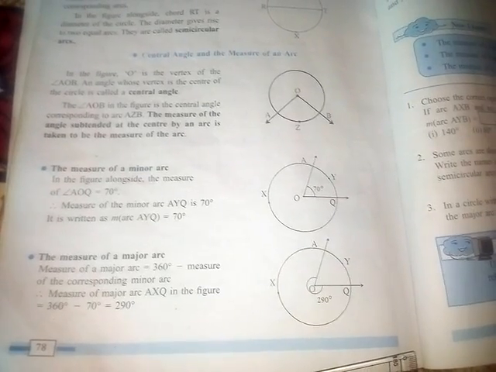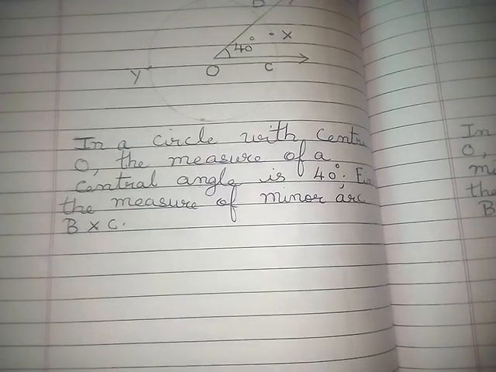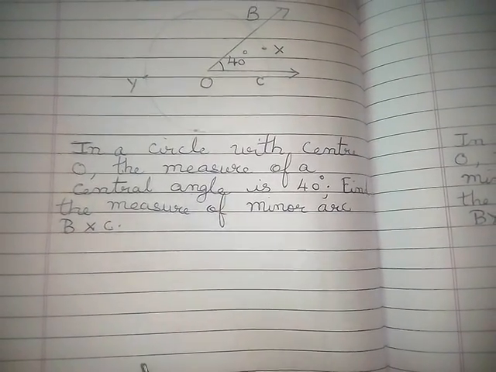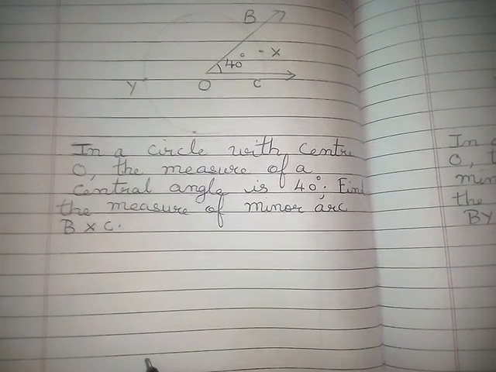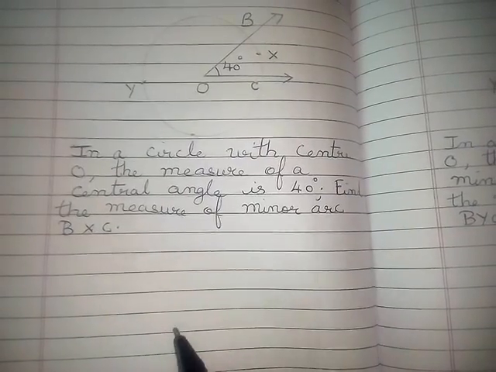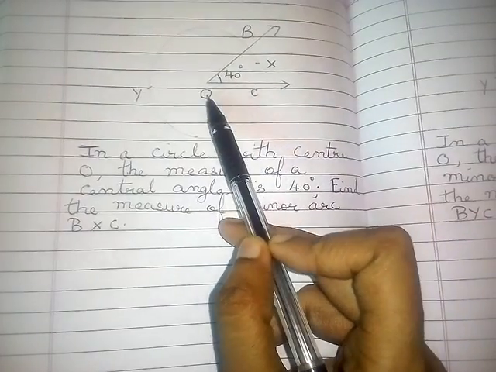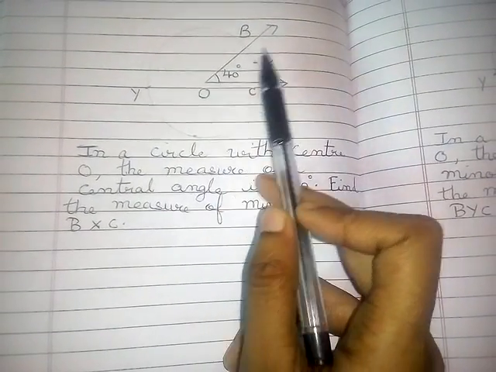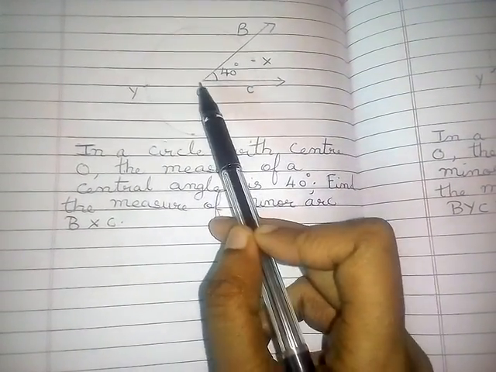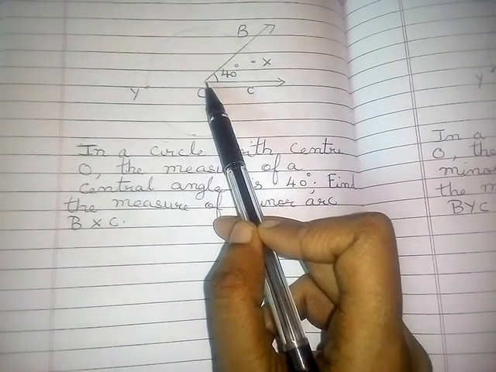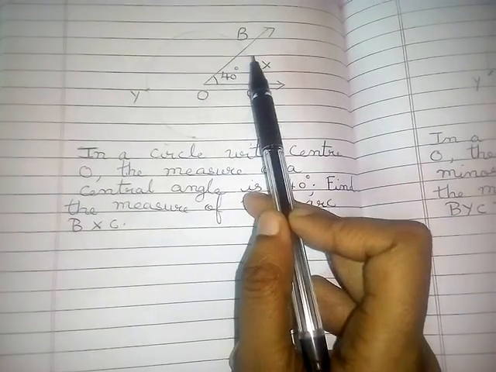Now let us begin the sum with an example. In a circle with center O, the measure of a central angle is 40 degree. Find the measure of minor arc BXC. Now this is the central angle. Ray OB and ray OC, these two rays join on vertex O. O is the center of the circle.